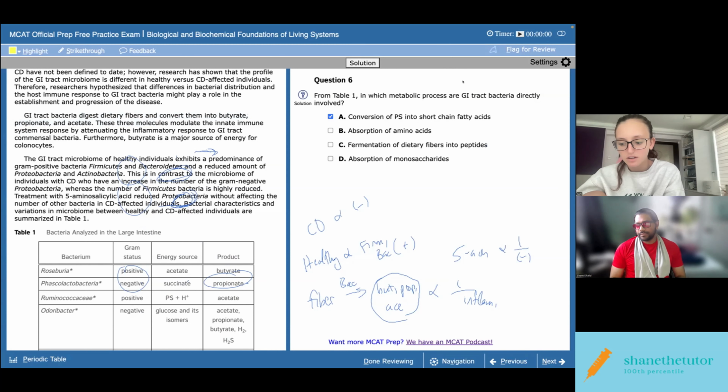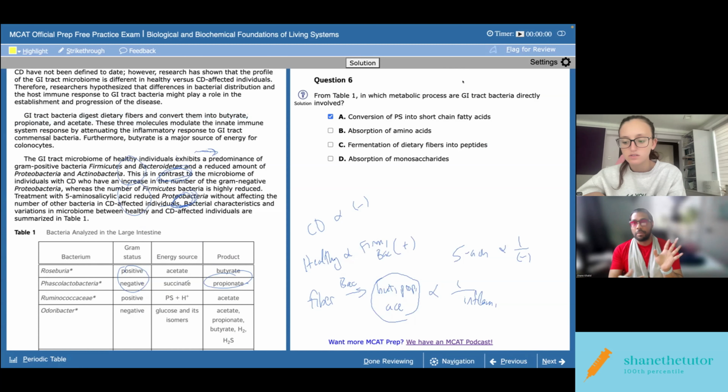So basically, let's say you eat some ice cream, you get carbohydrates, and your body will break down the carbohydrates into monosaccharides, things like that. And that's separate from absorbing it, right?